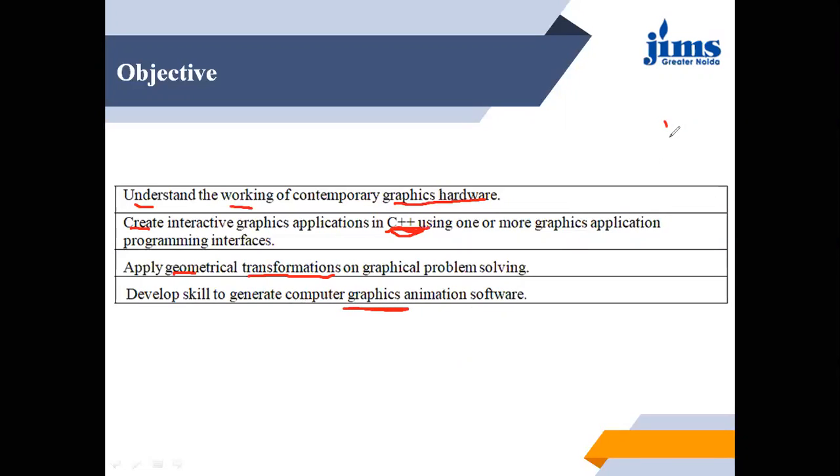So these are our objectives: how the processing is done to implement all the applications, how the different operations are performed, and the interconnections of circuits.